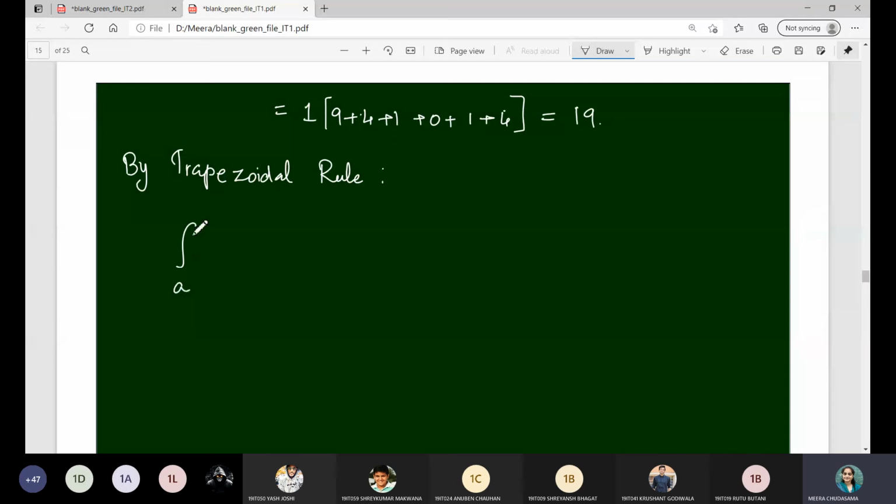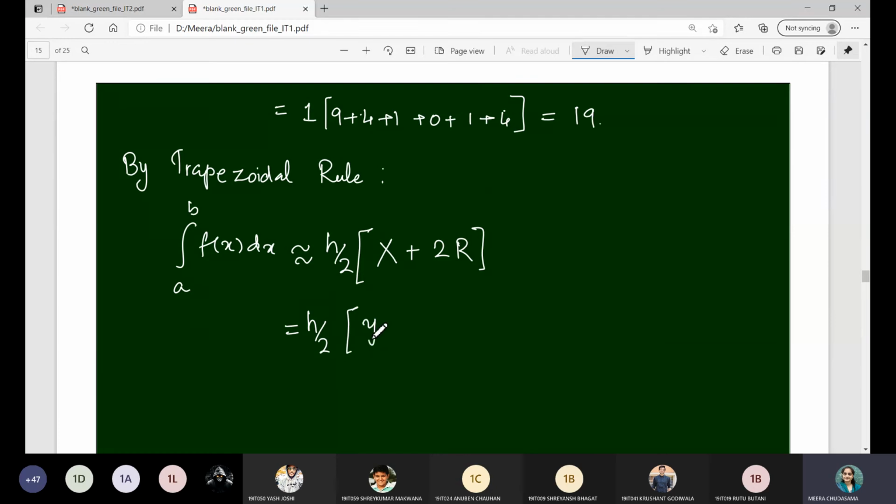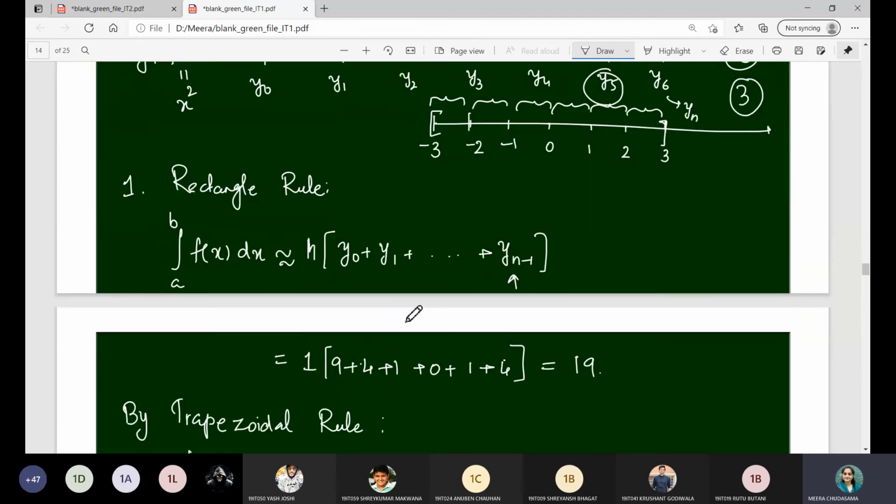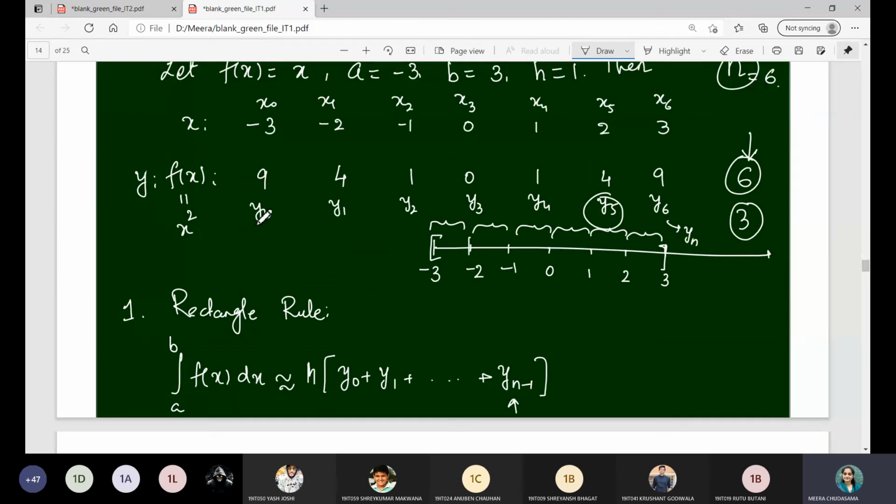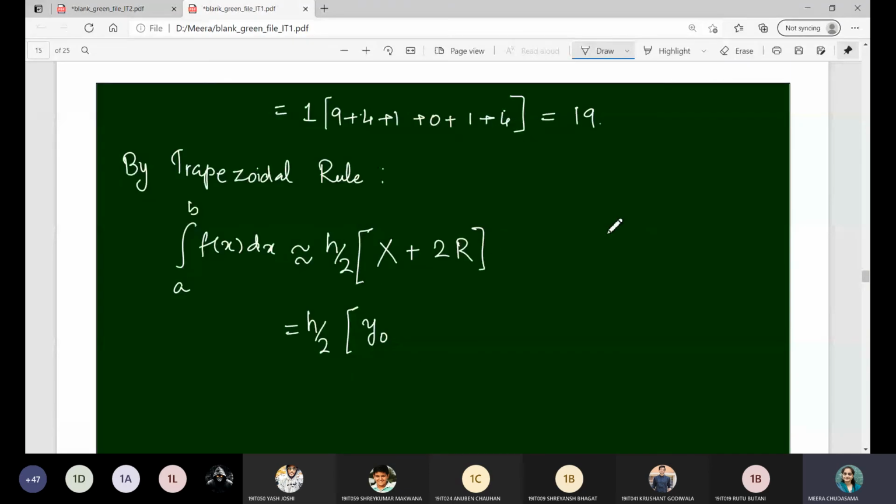ट्रेपेजॉइडल रूल अगर हम अप्लाई करेंगे तो देयर इज नो क्राइटेरिया, तो we can directly apply and its expression is actually h by 2. ट्रेपेजॉइडल रूल है तो सम ऑफ एक्सट्रीम वैल्यूज प्लस ट्वाइस रिमेनिंग वैल्यूज, right? So in our case h by 2 extreme values, what are the extreme values in our case? So from the table you can see y0 and y6 are extreme values, other y1 to y5 are remaining values.